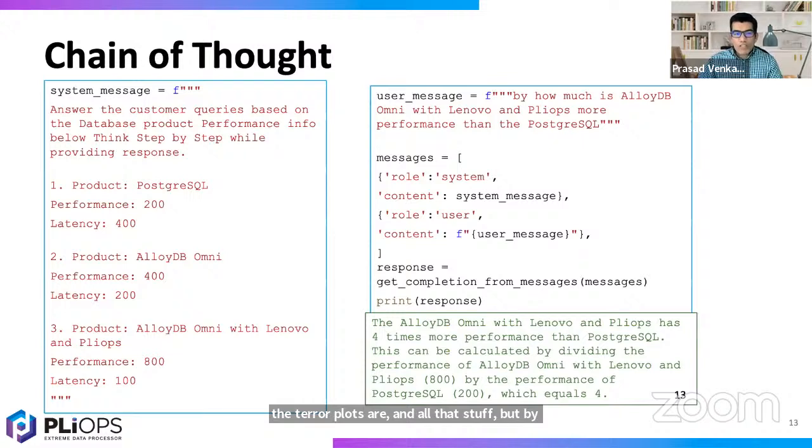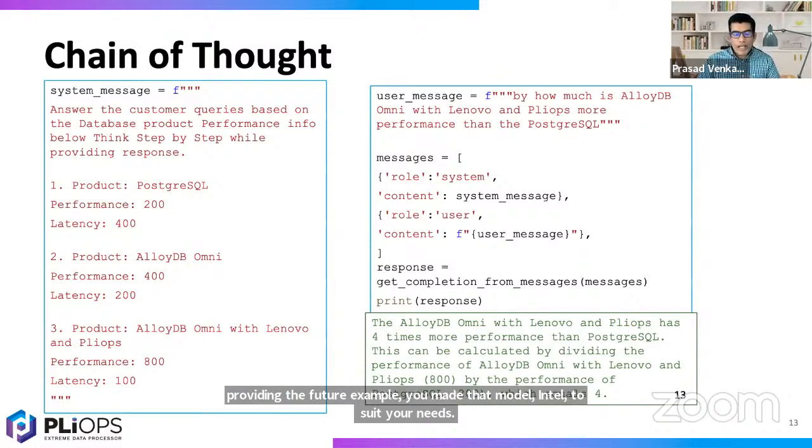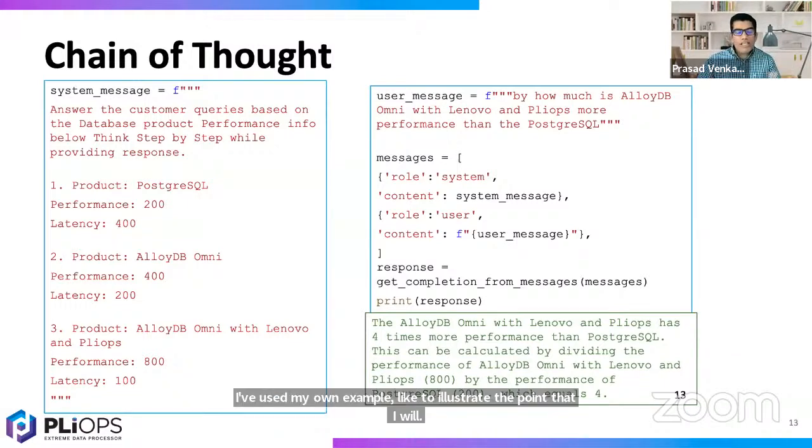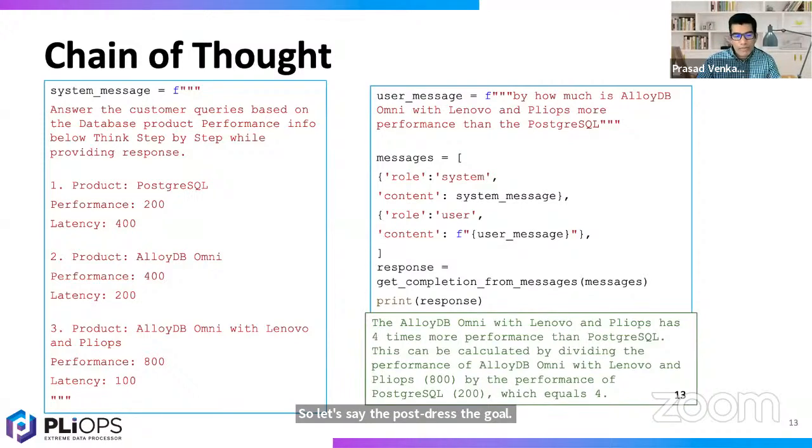Next is chain of thought. Here I've used my own example to illustrate the point. Let's say PostgreSQL is a popular database used in enterprises. I didn't assign any units, but just for this illustration, the performance is, let's say, 200.